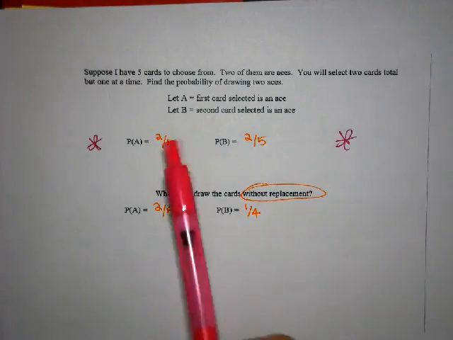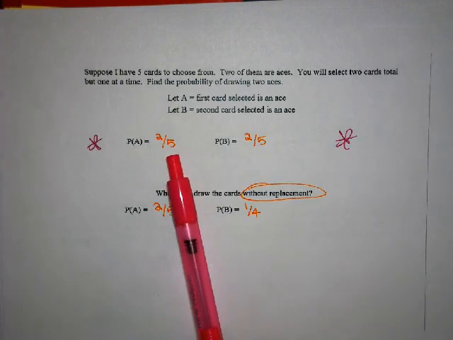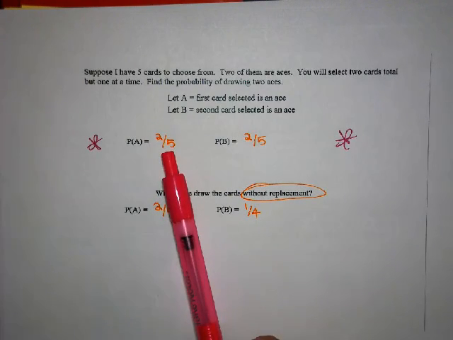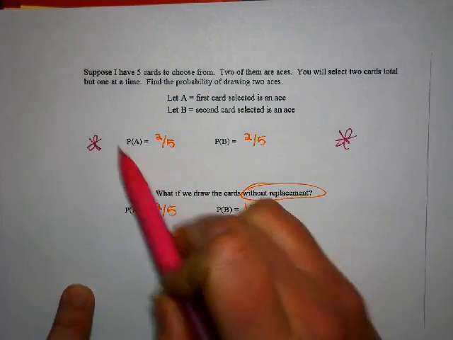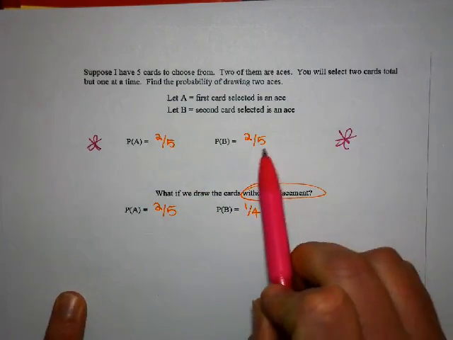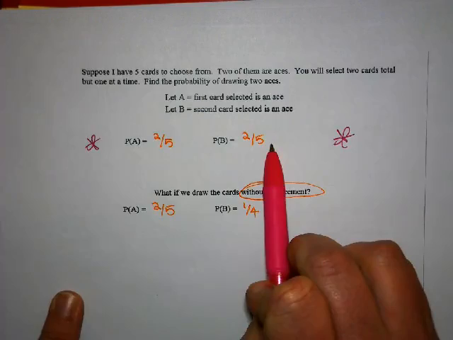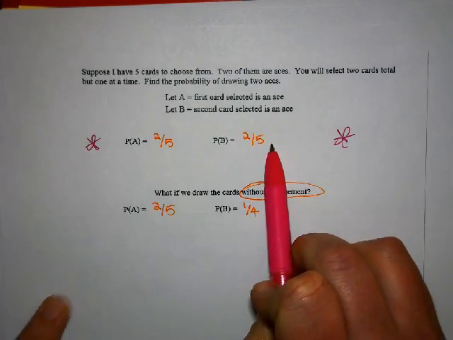With that first way of drawing it, I drew an ace, I put it back. So the fact that I got an ace for my first card had no effect on the probability that I got an ace for my second card.